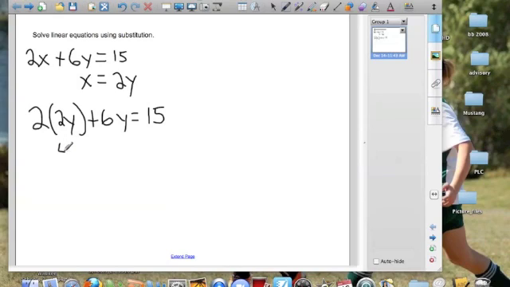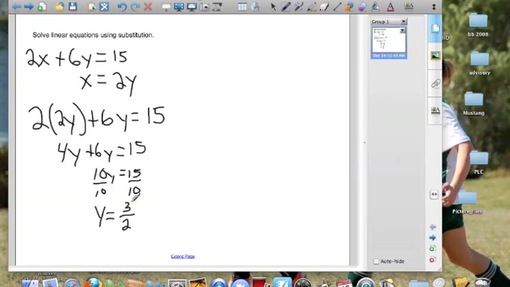So we end up with 4y plus 6y is equal to 15. We end up with 10y is equal to 15. So we're going to get a fraction here. When we divide by 10 on both sides, y is equal to 3 over 2, or 1 1/2.